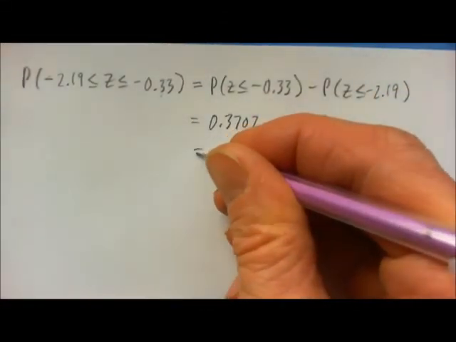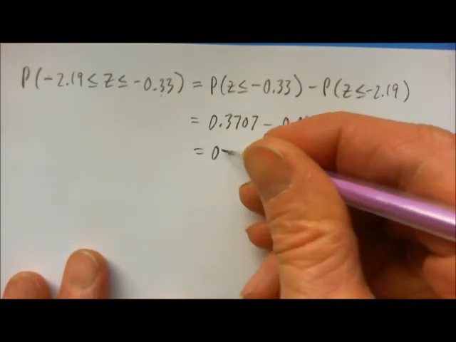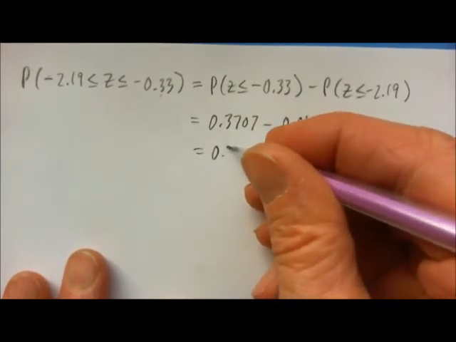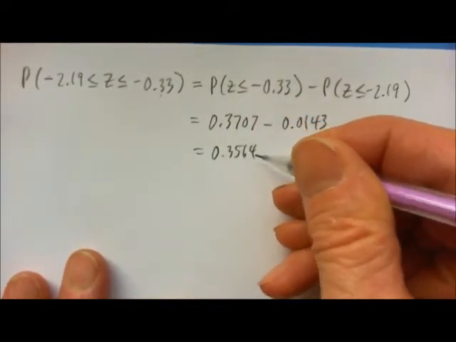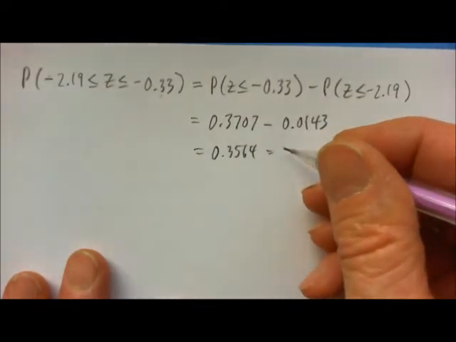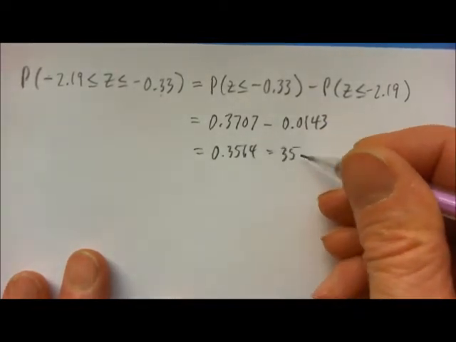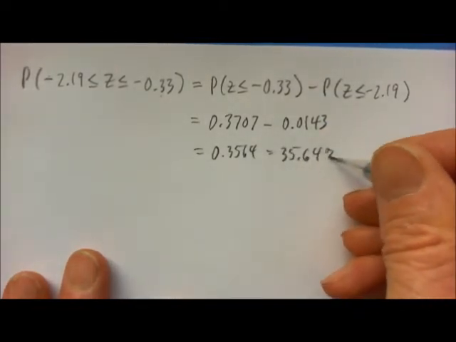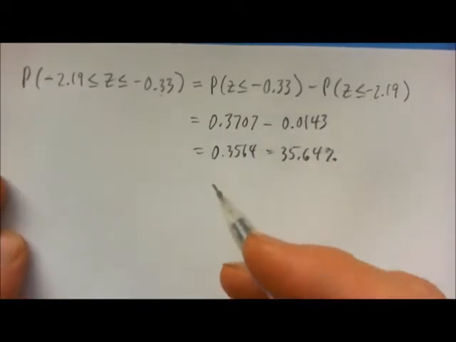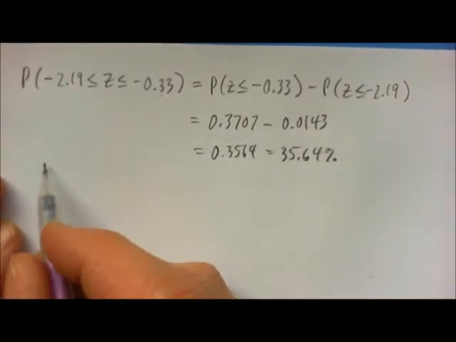And subtracting those two, we get 0.3564, or 35.64%.